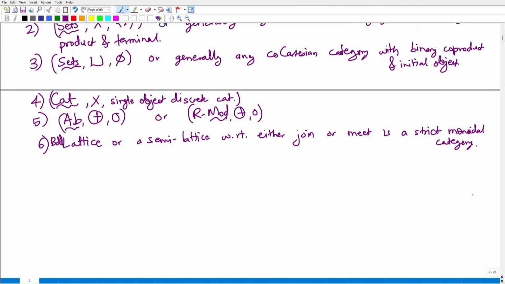Okay, the seventh example is actually interesting. We have already discussed that, but let's discuss it in detail. So, a commutative monoid thought of as a single object category.